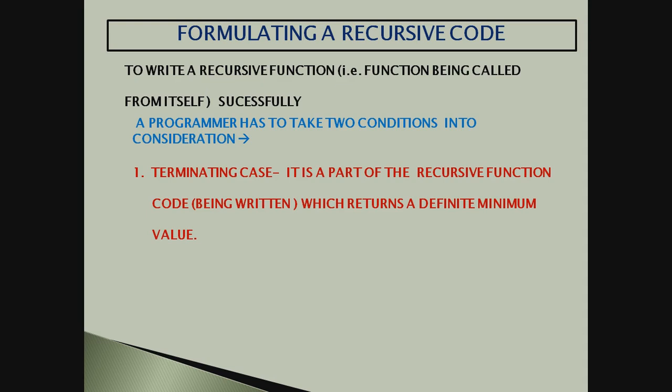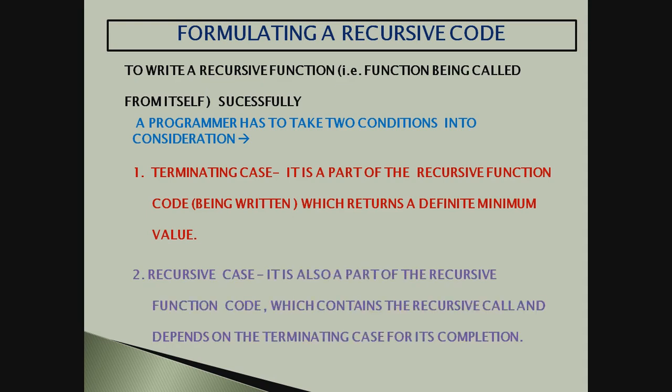So similarly, for finding the factorial also, we will have to first take into consideration, find out the terminating case, and then we will go and find the recursive case. So this is how we formulate any given recursive function. We need to first identify the terminating case and then the recursive case.